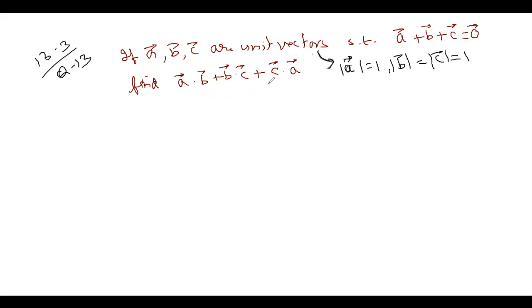And we have to find A dot B, B dot C, C dot A, given that the sum of the vectors A plus B plus C is equal to 0.